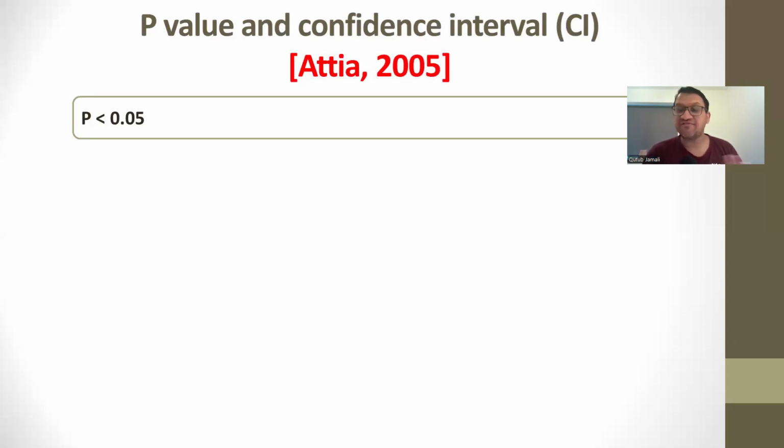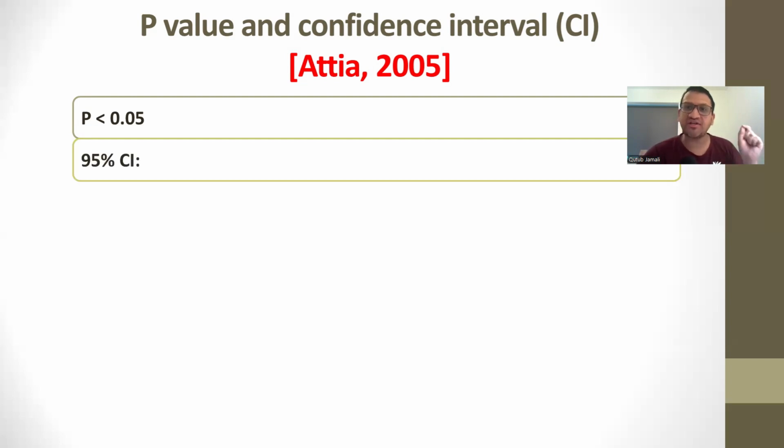Now that in itself is not enough, because most of the time when you do a critical appraisal or critical review of an article, when you see the p-value less than 0.05 and that's it, nothing else is mentioned, then there is something wrong, because p-value in itself is not enough. What you need along with it is the 95% confidence interval. This could be 95% or 99%, but 95% at least.